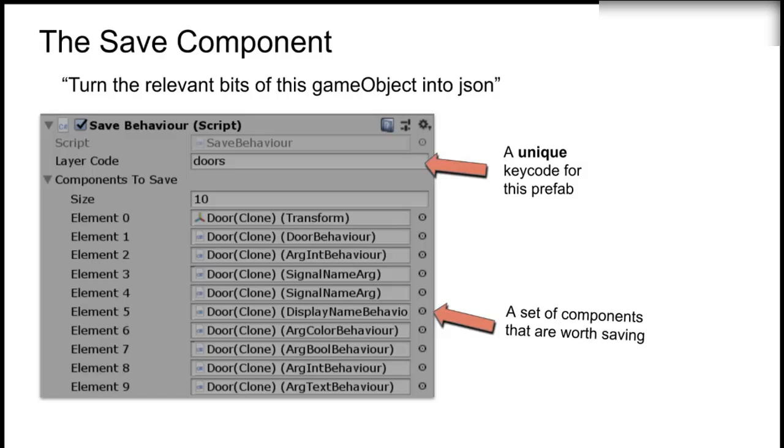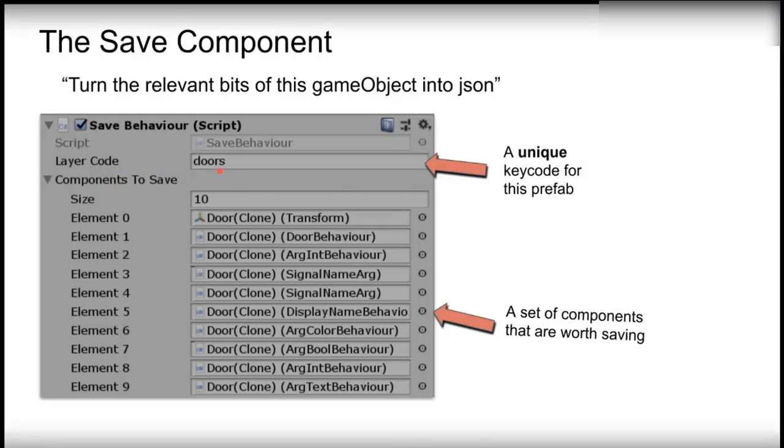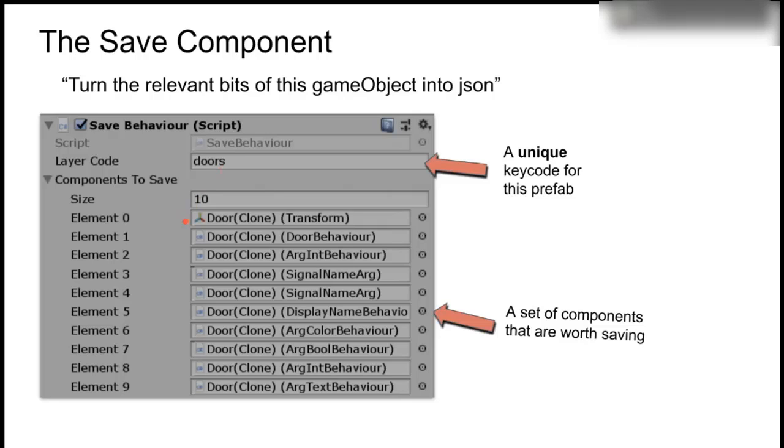So anywho, how do we actually get to that JSON? Well, I have a component called a save behavior. And really important, it has this layer code. It's just some string, but it has to be unique across every type of thing you'd want to save ever. And then it has a list of components that you actually care about.